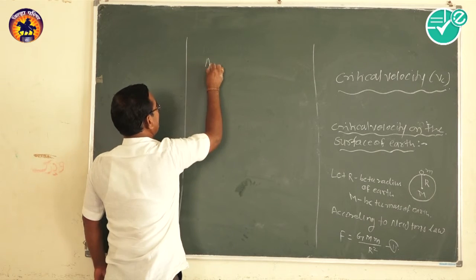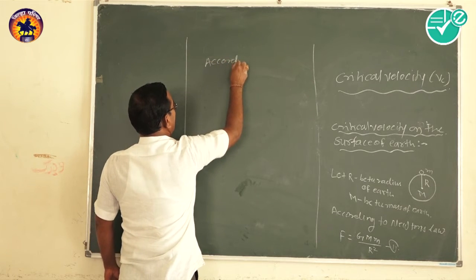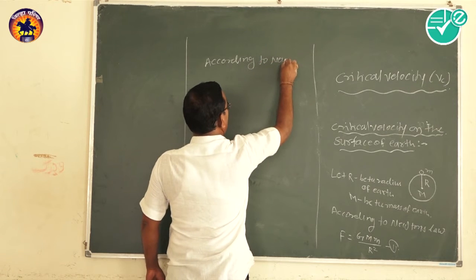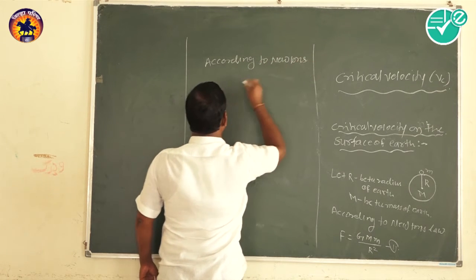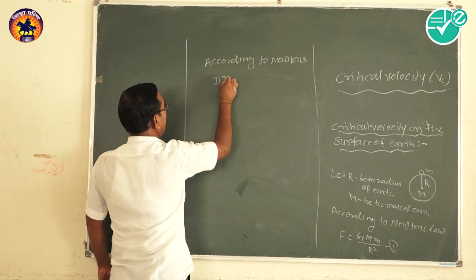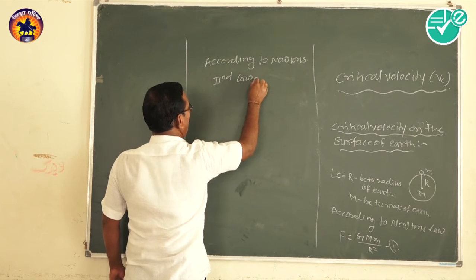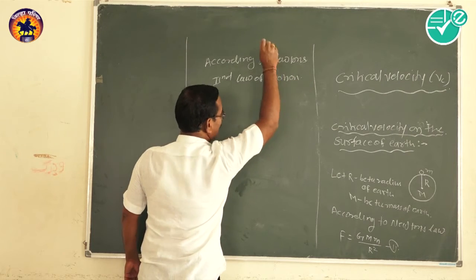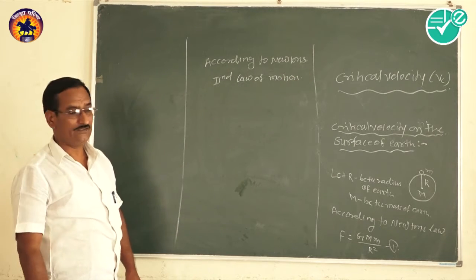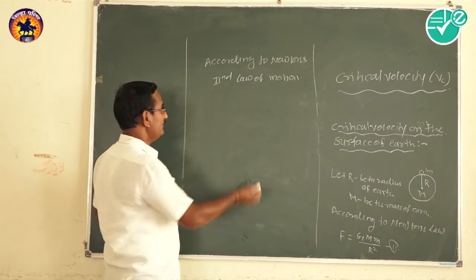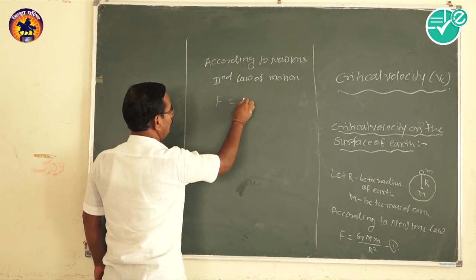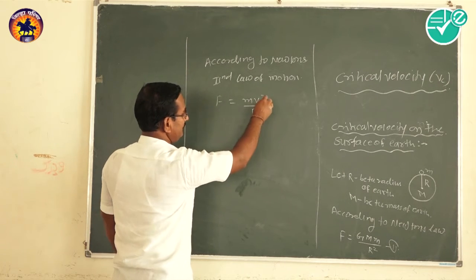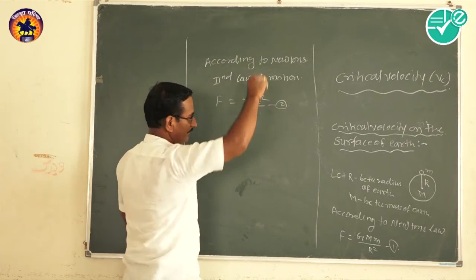Then according to Newton's second law of motion, force F is equal to m vc square by r. That is equation 2.